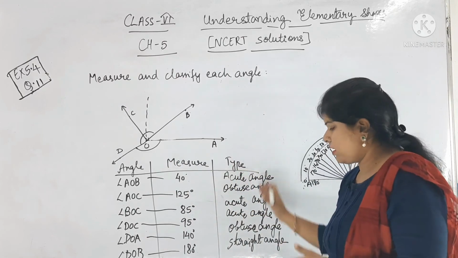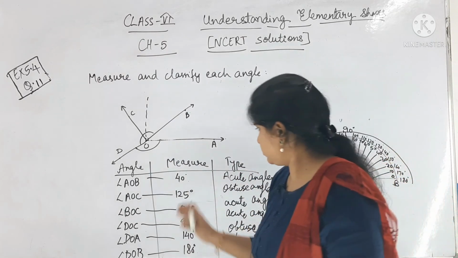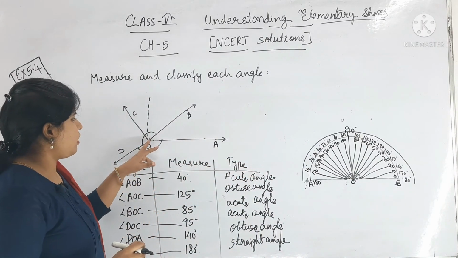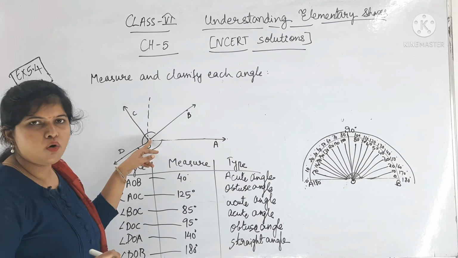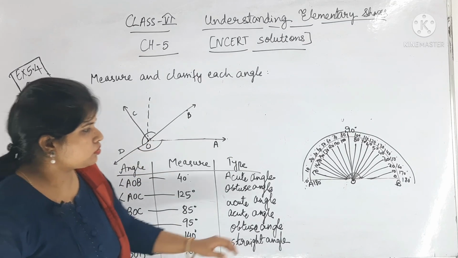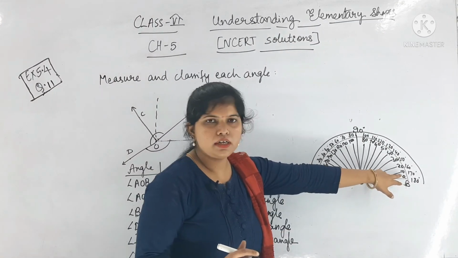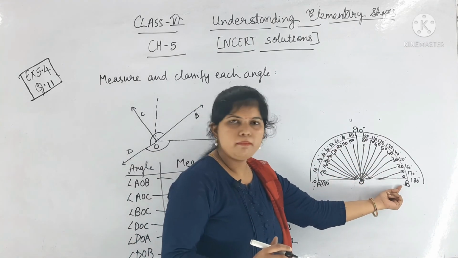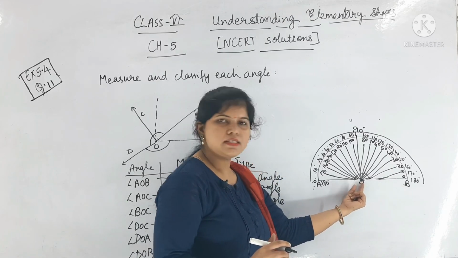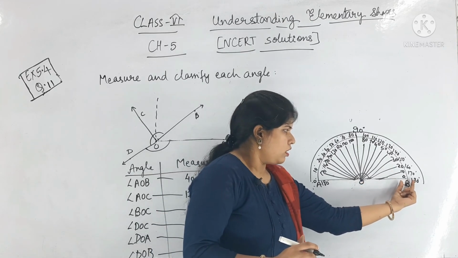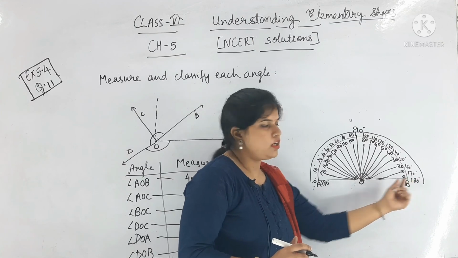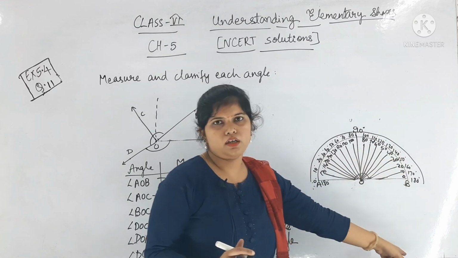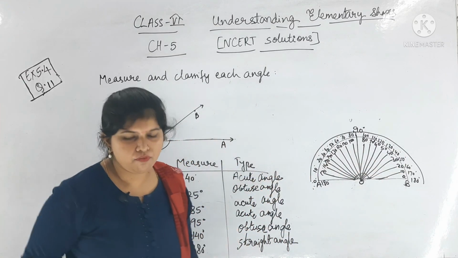According to that, I have written the types of these angles, and you have to measure with D. You have to place it here at the point O. If you see from the A side, you have to read from 0 to 180 degree. If you see from the B side, you have to place it at O and read from this side, 0, 10, 20 up to 180 degree. So that is about exercise 5.4.